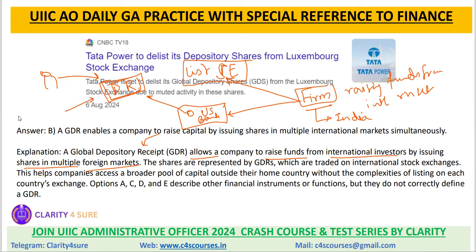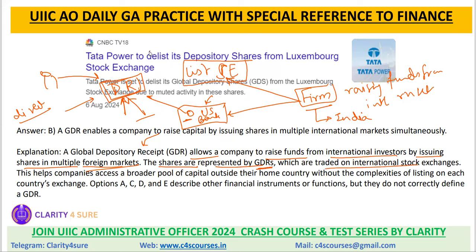These are not direct shares; these are receipts issued by the US bank, giving the guarantee that the shares are available with that bank. That's why these receipts are called depository receipts. It allows a company to raise funds from international investors by issuing shares in multiple foreign markets. The shares are represented by GDRs, which are traded on stock exchanges.